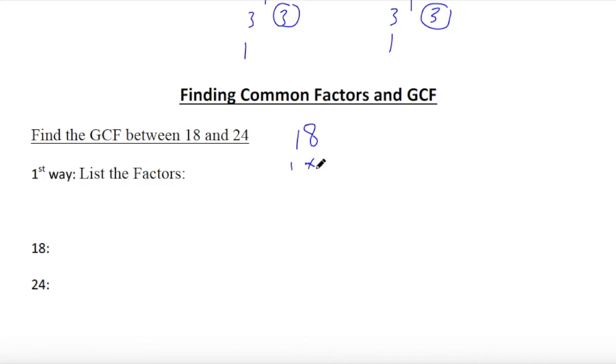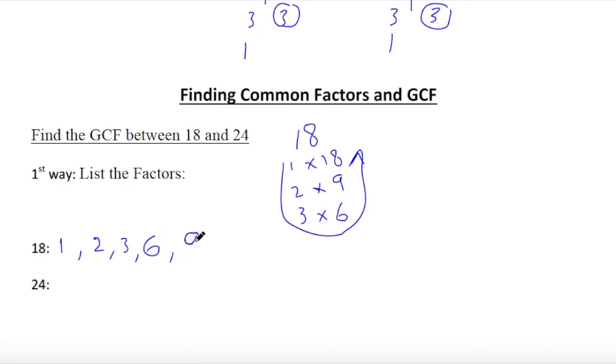it's 1 times 18, 2 times 9, 3 times 6, and only these. So it will be 1, 2, 3, 6, 9, and 18.